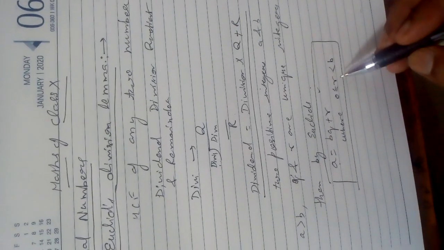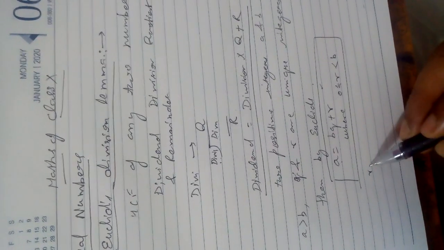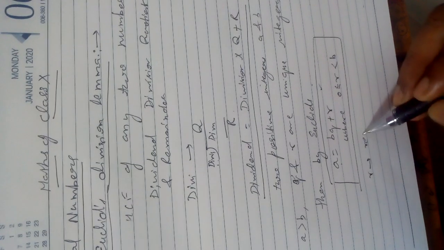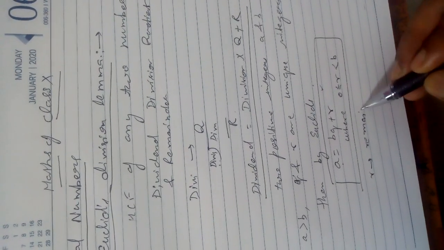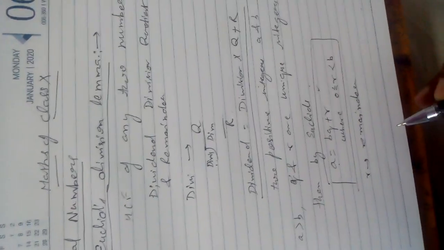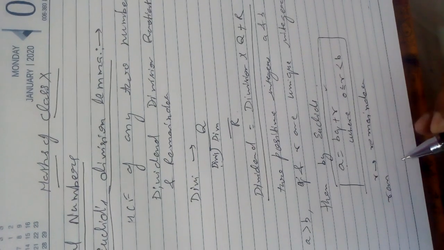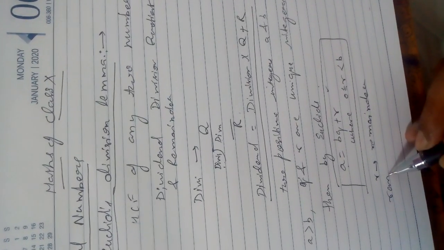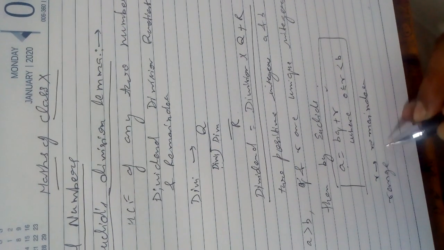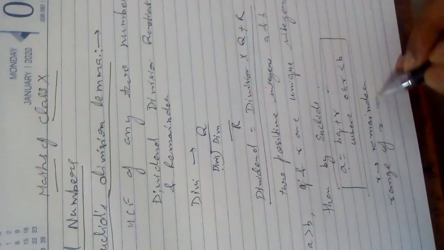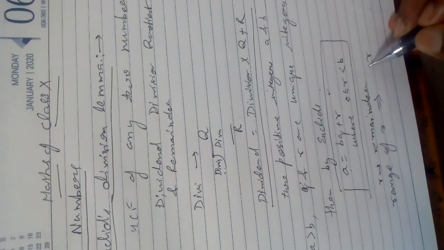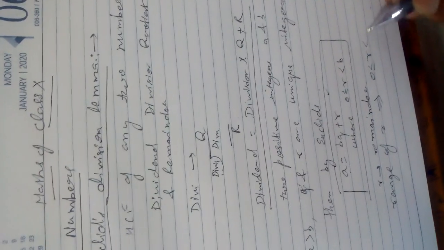And what is r? r is the remainder. In the lemma, the range of r is greater than or equal to 0 and less than b.